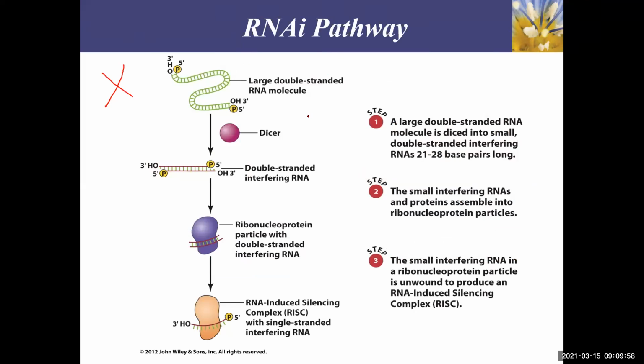We are trying to know how microRNA or siRNA are going to silence a particular gene, and prevent the translation of a particular mRNA. That is what we're trying to understand here.